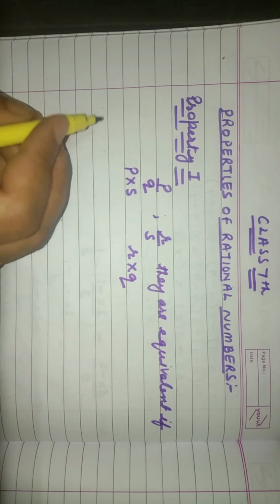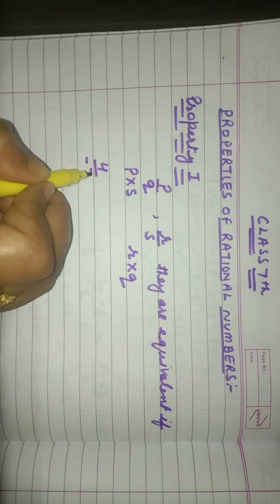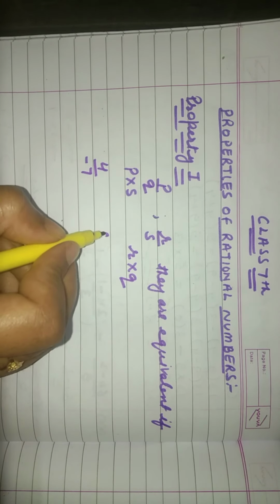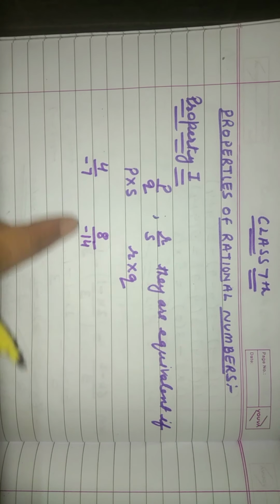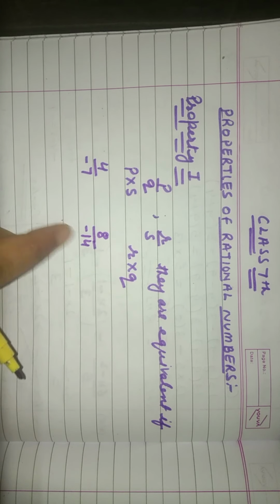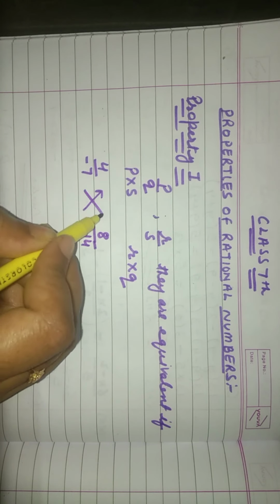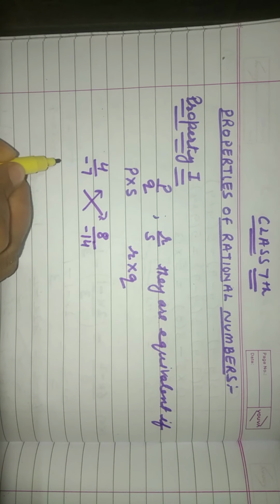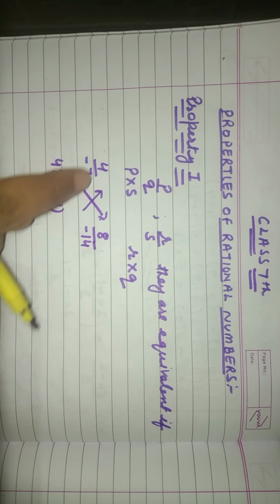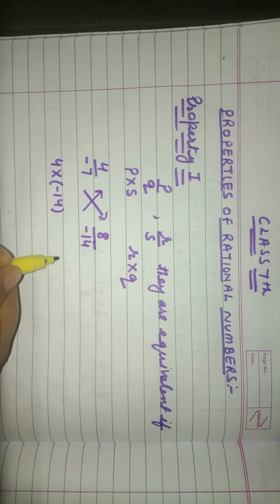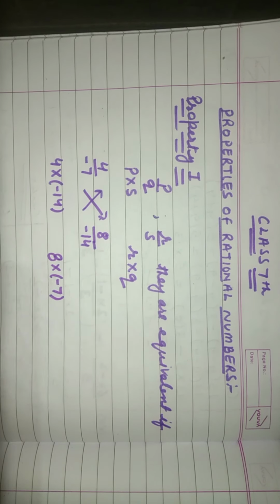Okay, let us take an example to understand this. 4 upon minus 7 and 8 upon minus 14. Are these numbers equivalent? So how can we use property 1 to solve this? Let us just cross multiply. So 4 multiplied with minus 14, and 8 multiplied by minus 7.